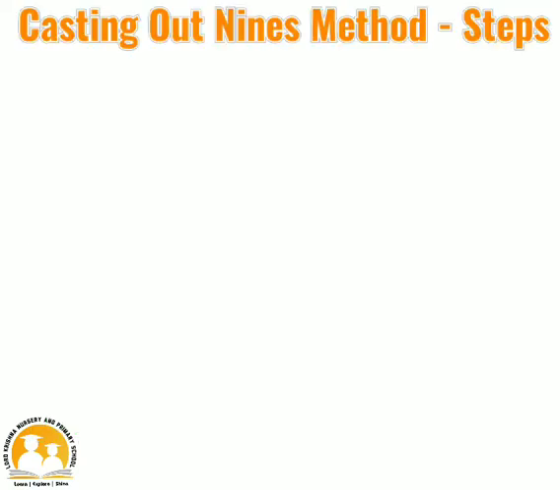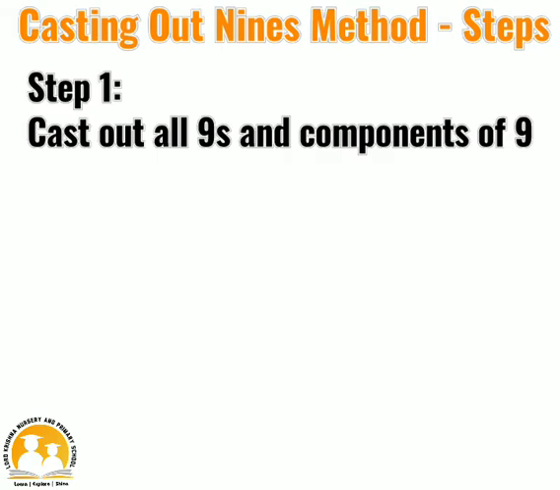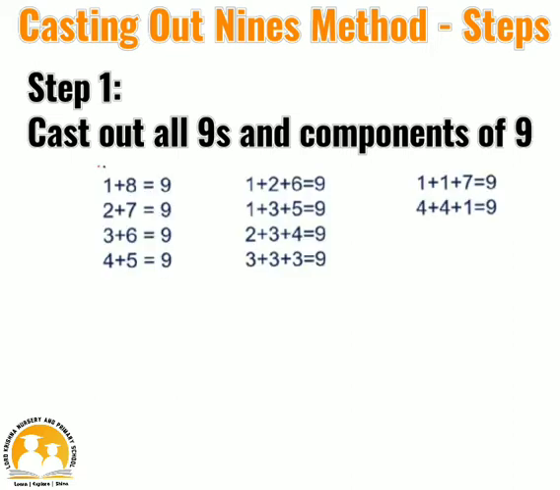The two main steps under the casting out 9 method are: the first step is to cast out all the 9s and other numbers that add up to 9, that is the components of 9. For example, the number combinations given below add up to 9.